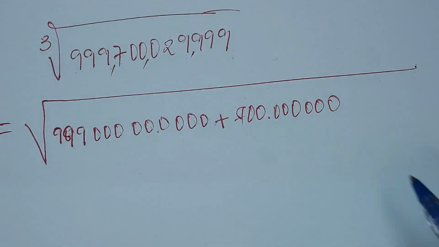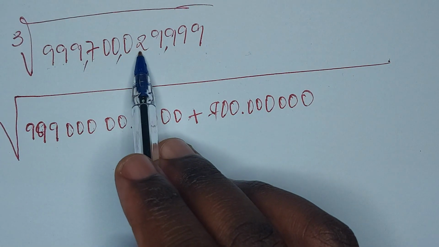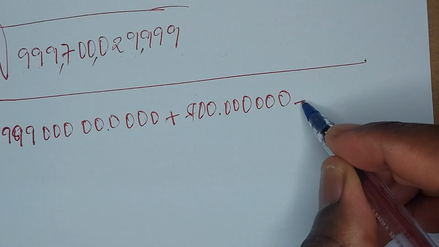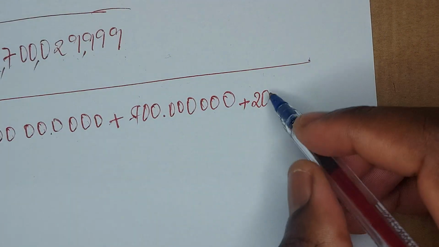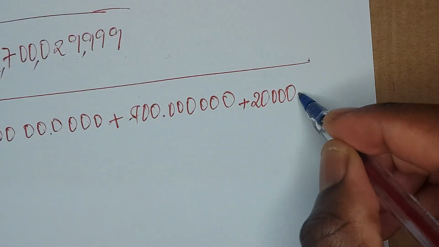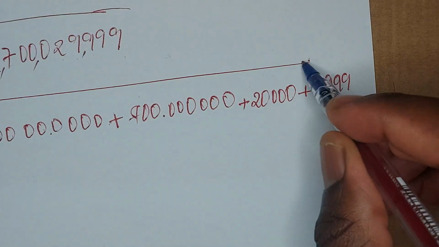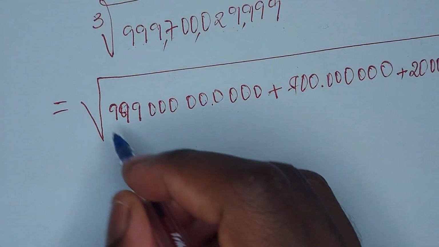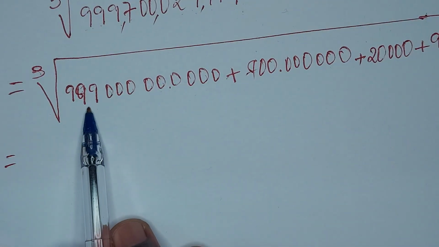And then this 29 here, I'm going to say plus 20,000, and then plus 9,999. Okay, so this is how I'm going to do it. Remember that we have 3 here.